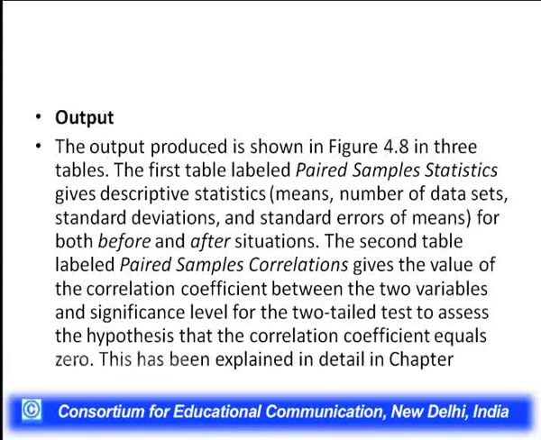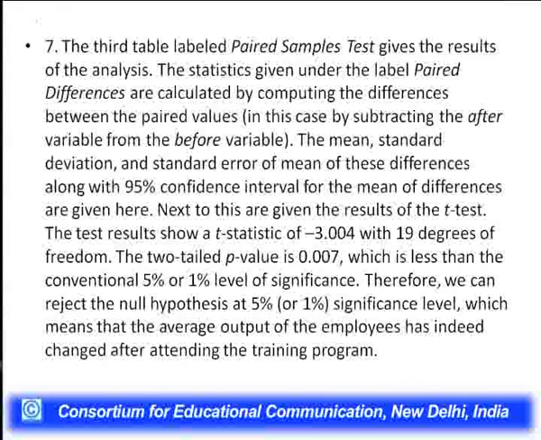The second table, labeled paired samples correlations, gives the value of the correlation coefficient between the two variables and the significance level for a two-tailed test to assess the hypothesis that the correlation coefficient equals 0.